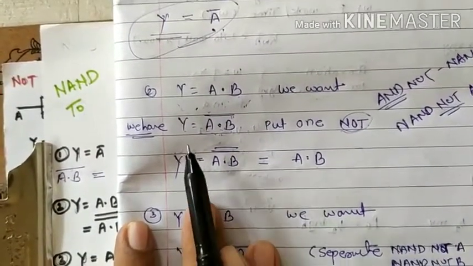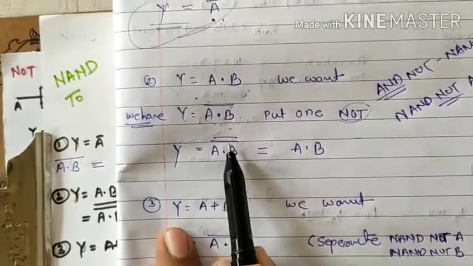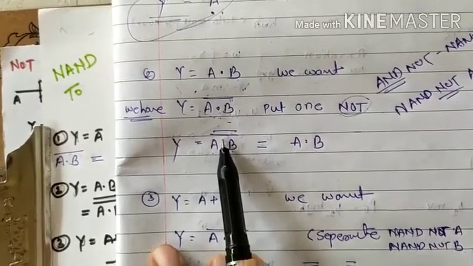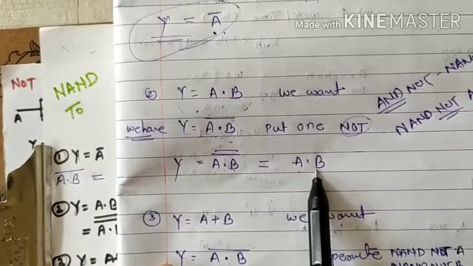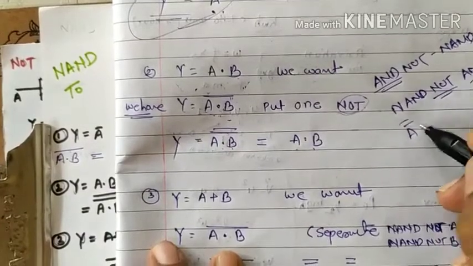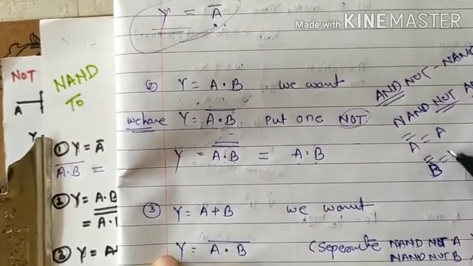Okay. So y is equal to a into b bar. We implement one extra bar, so it is y is equal to a into b double bar. So double bar we are able to write as a into b. We know that a double bar is equal to a, or b double bar is equal to b.